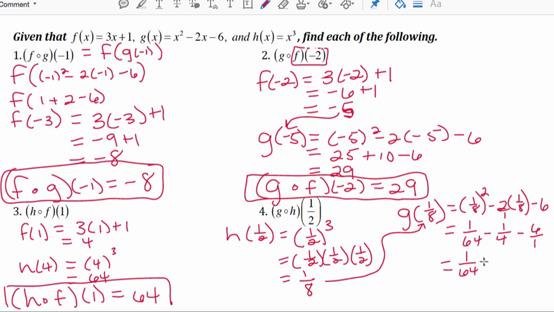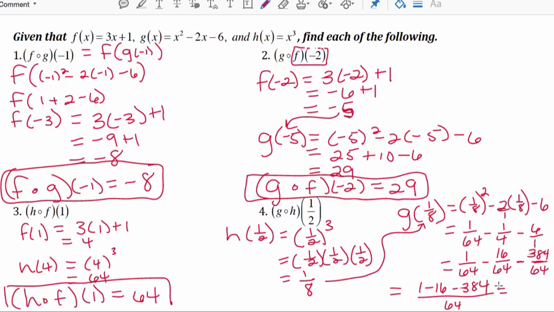64 is our common denominator. So I'm going to change 1/4 to 16 over 64 by multiplying by 16. You're going to have to times by 16 on the top as well. And then I'm going to change 6 to 384 over 64 by multiplying it by 64, and 64 times 6 in my calculator is 384. And so that is going to equal 1 minus 16 minus 384 all over 64.